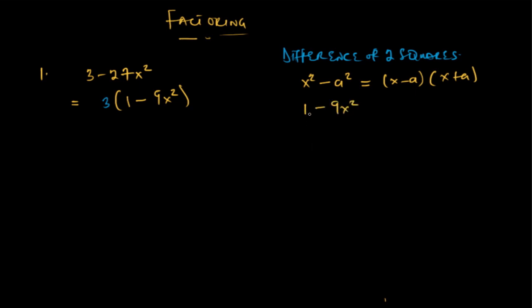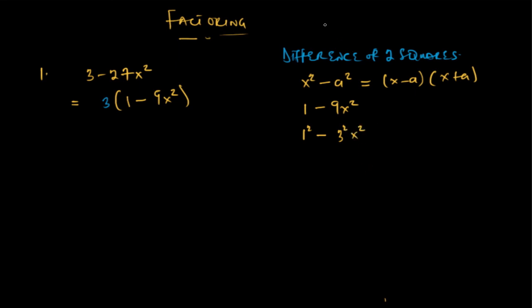So my aim is, how can I write my 1 and my 9x squared in this format? A very good way to look at this is: this is the same thing as 1 squared minus, now 9 is the same thing as 3 squared, x squared.